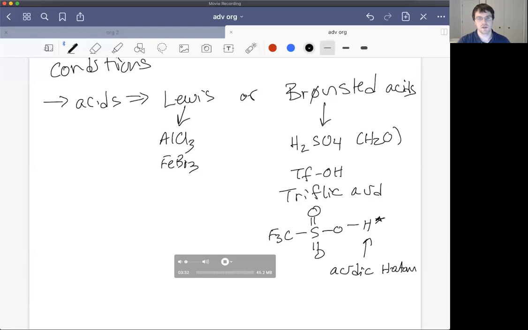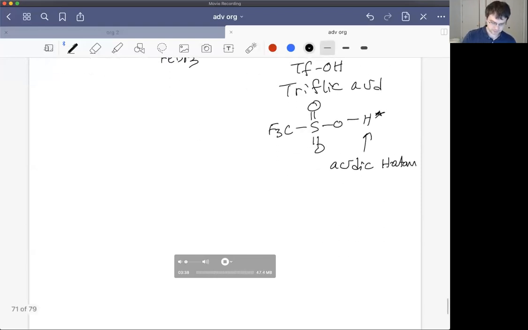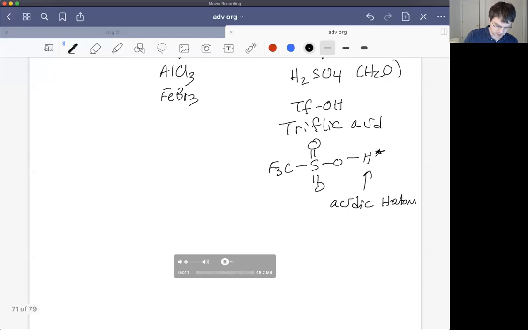Let's talk about what types of reactions we can do when we've got acidic conditions present. Acidic conditions encourage the formation of carbocations.